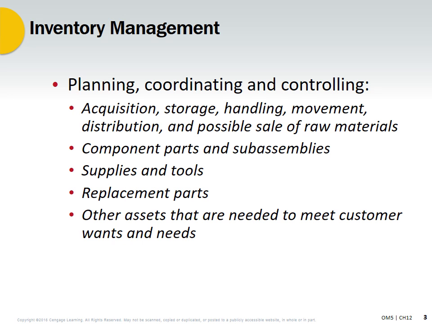So let's get a bunch of vocabulary and some general concepts out of the way before we dig right into some of the principles of inventory. When we deal with inventory, we're really dealing with three things: planning, coordinating, and controlling. Planning: how do we figure out what types of supplies we need, who needs them, and when they need them?